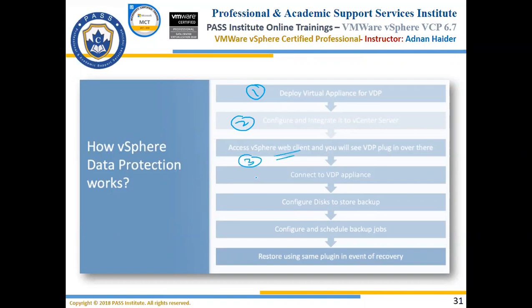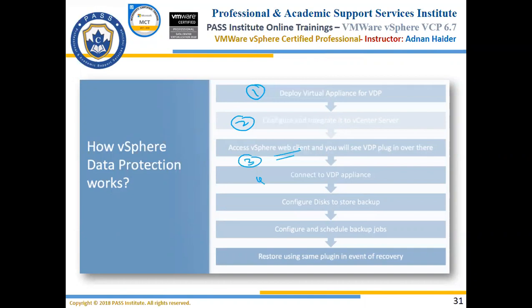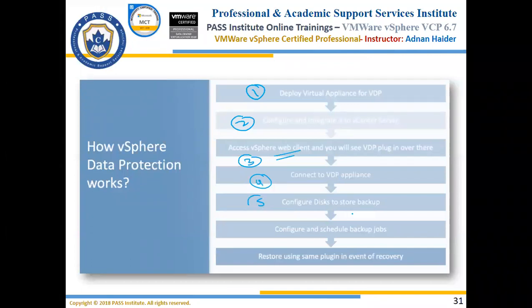This is the vSphere web client, the same client that you connect to VCSA with. First you connect to VCSA, then you connect to VDP from VCSA, and then you will configure the storage. We configure the storage where the backup will go, and then we will configure the backups.